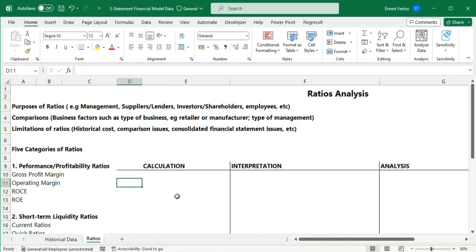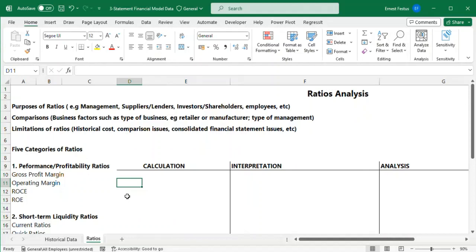So all these things affect how ratios are interpreted. And then ratios, as good as they are, also have limitations. There are actually a number of limitations of ratios, some being the historical cost basis of the ratio analysis, which means that we know that financial statements are usually prepared on a historical cost concept.